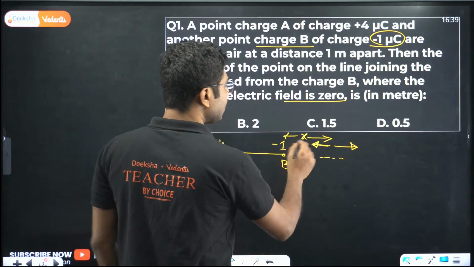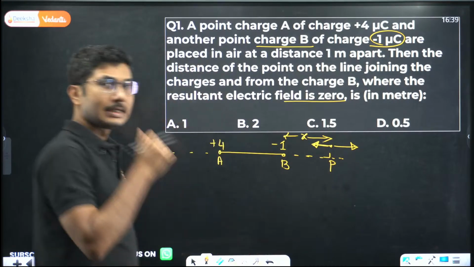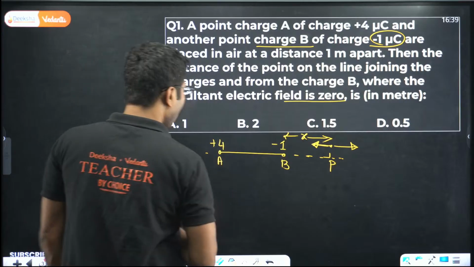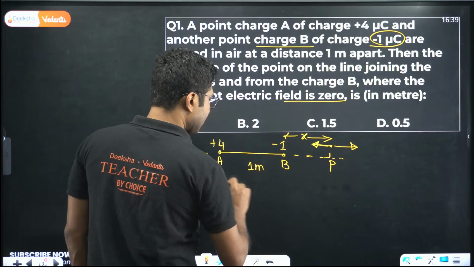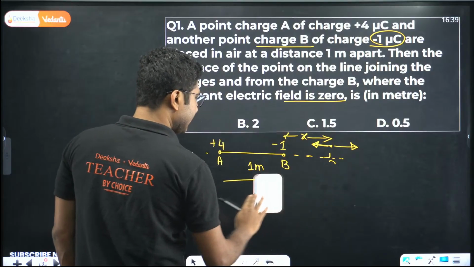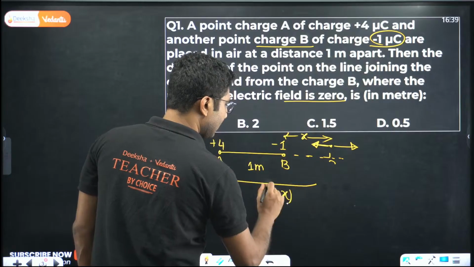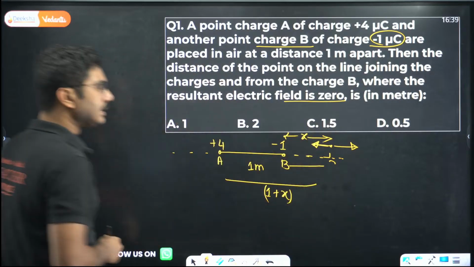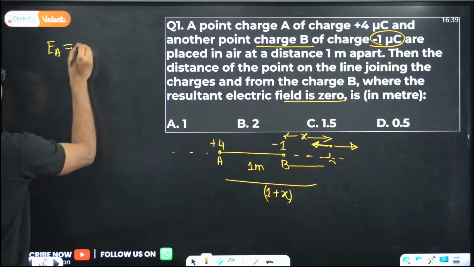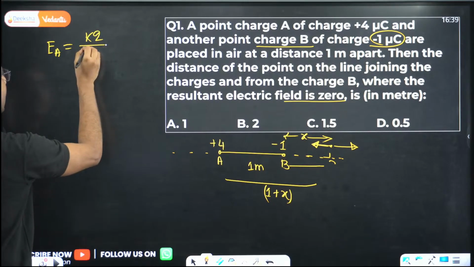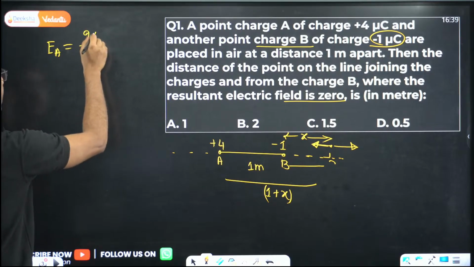So in this case, suppose the distance is x and this is the point where the electric field is 0. Now what is the electric field due to A at this point? This is 1 meter, so the distance from A is 1 plus x meters, and the distance from B is x meters. The electric field due to point A is kq by r square, where k is 9 into 10 to the power of 9.